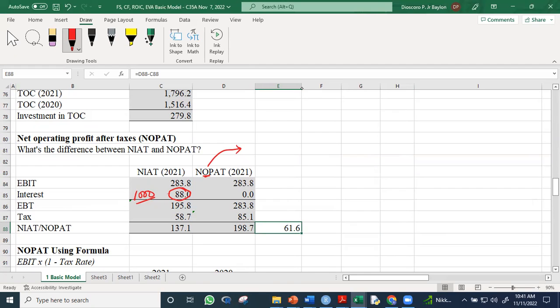We did not deduct 88, class. We did not deduct 88 from NOPAT, right? Because we said that interest should not be charged to operations. However, the difference between them is 61.6. So why only 61.6, class?